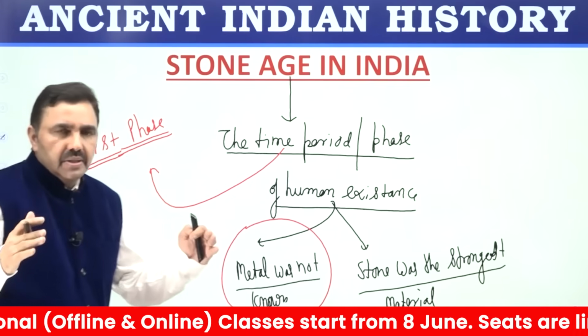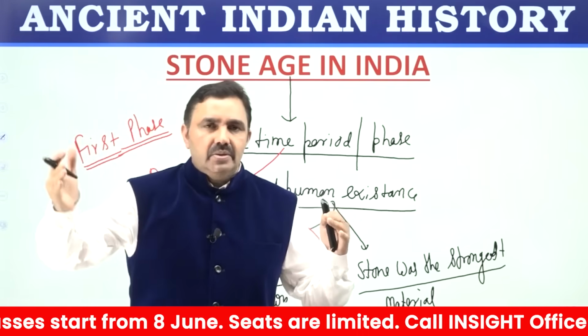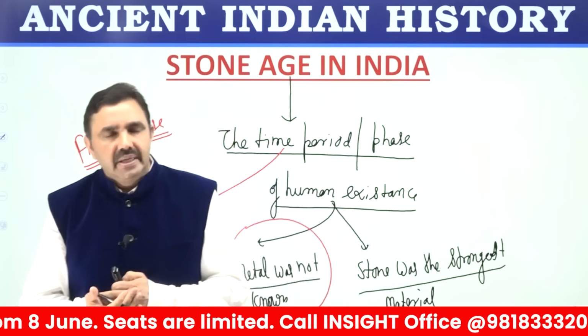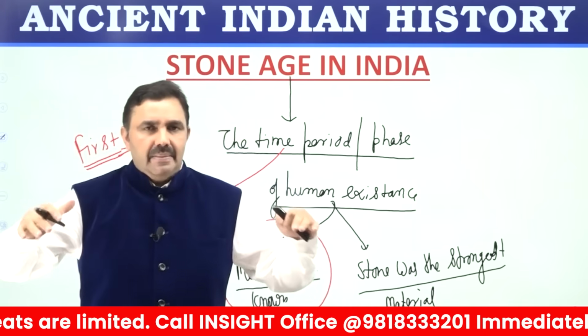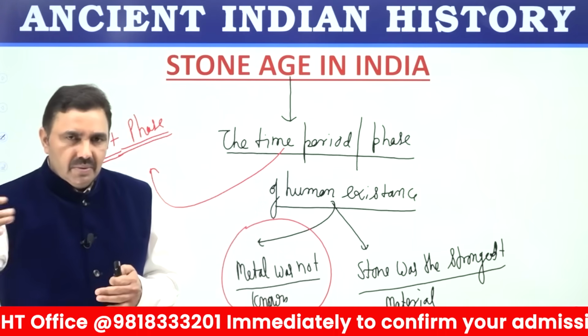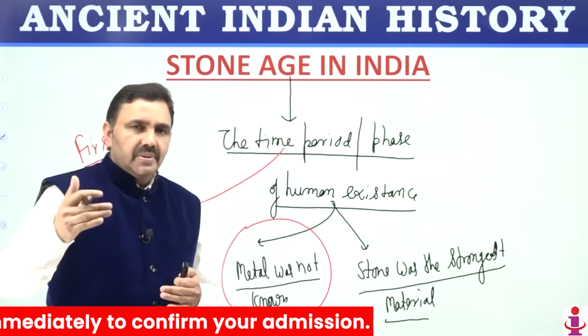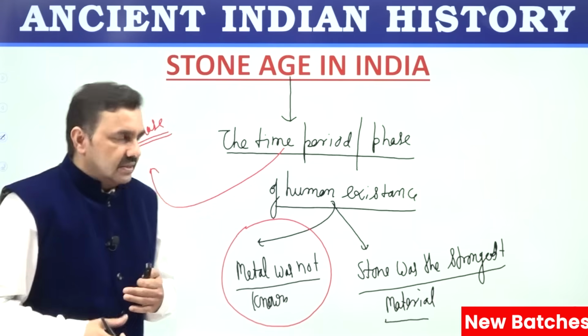This was the earliest phase, when the primates evolved into human beings. Initially, they were primates. We all used to walk on 4 feet. And then primates started walking on 2 feet, and they became modern human beings over the period of lakhs of years.